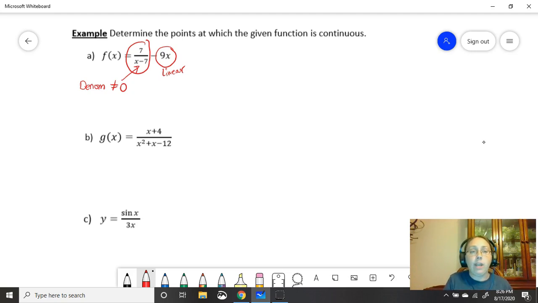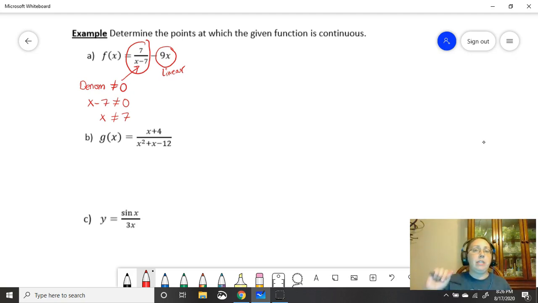So let's find out what x value we're not allowed to have. Because if we plug in an x that makes this equal to 0, then we have an undefined point. So I took my denominator and set it equal or not equal, it doesn't matter, as long as you understand you're looking for what's not allowed. Bring the 7 around. So negative 7, bring it around, becomes positive 7. So we've just learned that x cannot be 7 in this new function we've created.